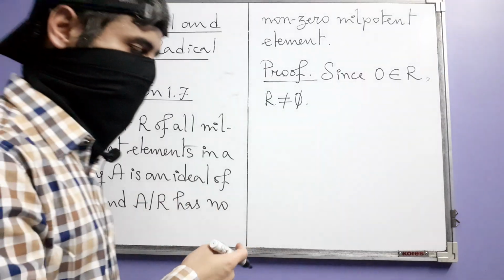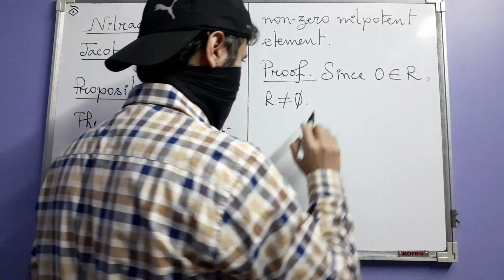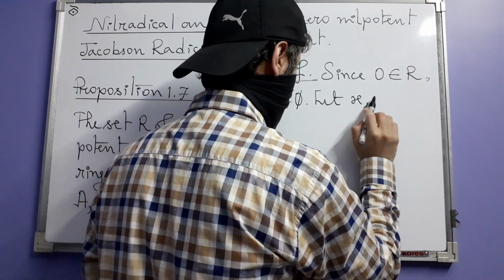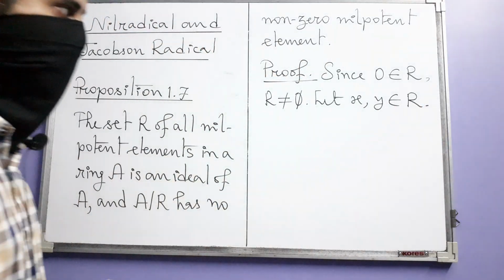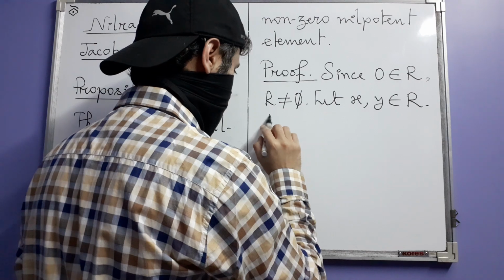Now, gradually, we just go for the conditions for an ideal. Let x and y be two elements in R. That means they are nilpotent elements.